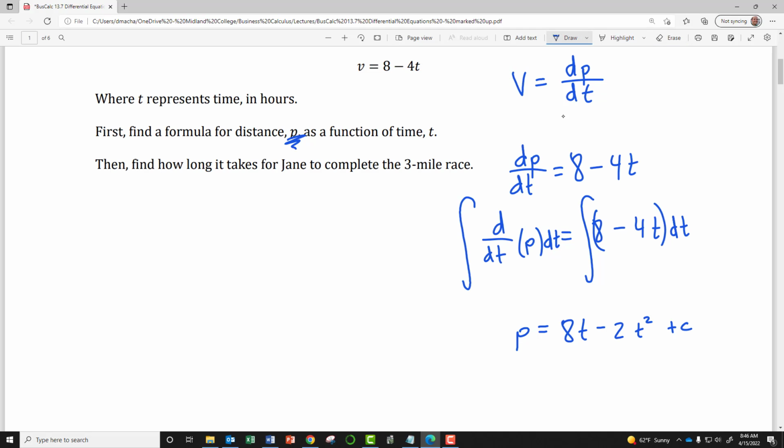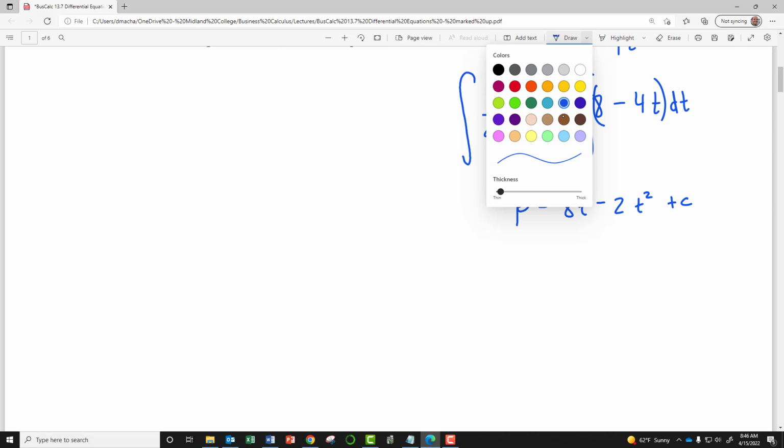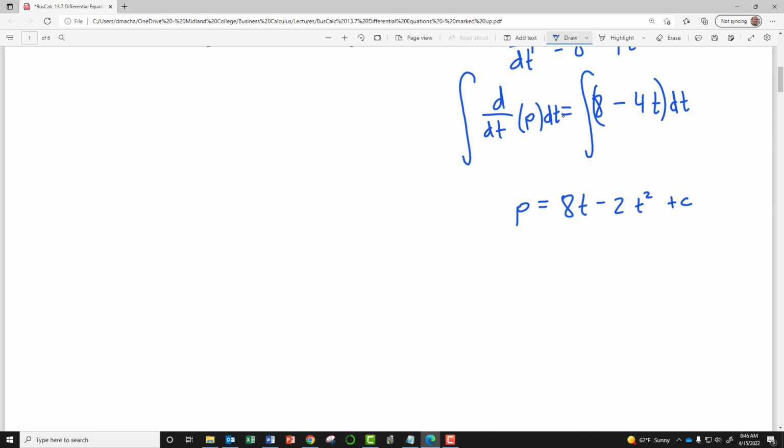And so now I have a function where my distance p is a function of time. Now that's pretty neat, but what is the c value? Well, in order to figure out what is the c value, I should remember something. I need to remember that my race is going to start when time is equal to 0.